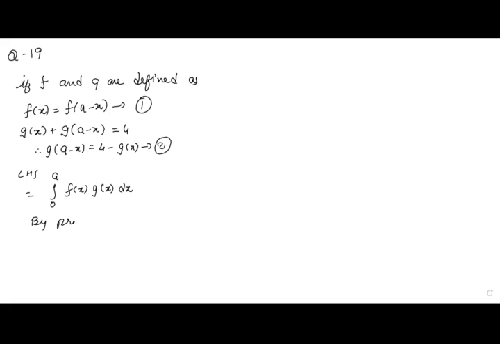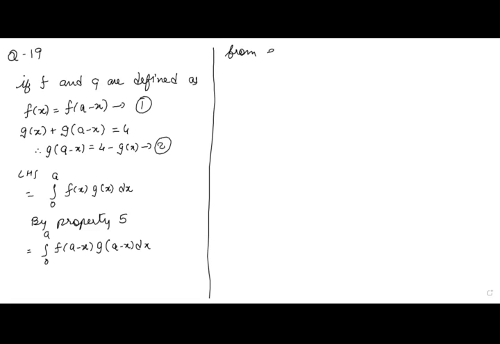Using property 5, I can replace x as a minus x, and g of x as g of a minus x dx. Right. Now, from equation 1 and equation 2, we will replace the value of f of a minus x.